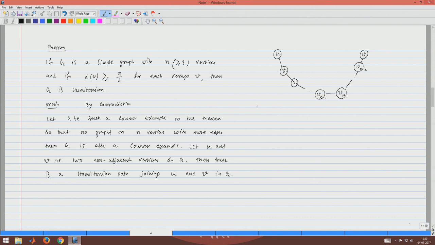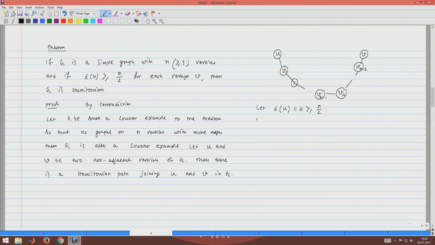Now, let the degree of u be equal to k, and we know that the degree of every vertex is greater than or equal to n by 2.